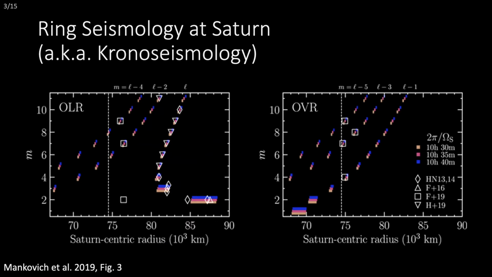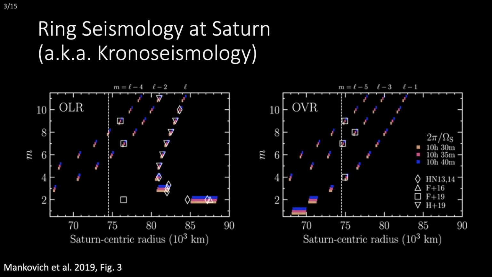Ring seismology at Saturn, also known as chronoseismology, from the Greek word for Saturn, has been successful. A number of wave features in Saturn's C ring, slightly interior to the main A and B rings, have been identified as effects of planetary normal modes. These plots from Chris Mankiewicz show predicted resonance locations outlined by observed wave features.